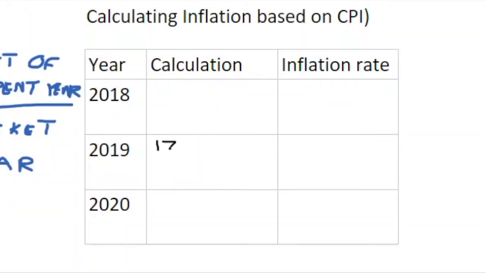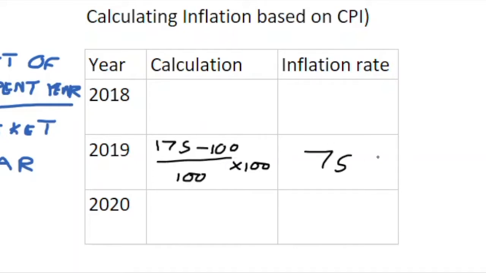So our formula is year 2, 175, minus CPI in year 1, which we know is 100, all divided by CPI in year 1, which we still know is 100. We multiply that by 100 over here, and when we work this out on the calculator, what we get is a value of 75%. So the inflation rate between 2018 and 2019 is 75%.